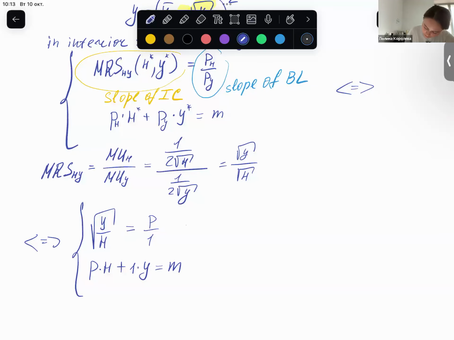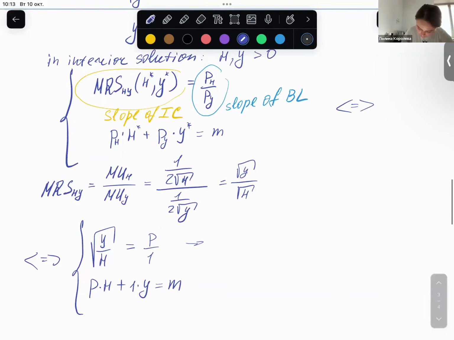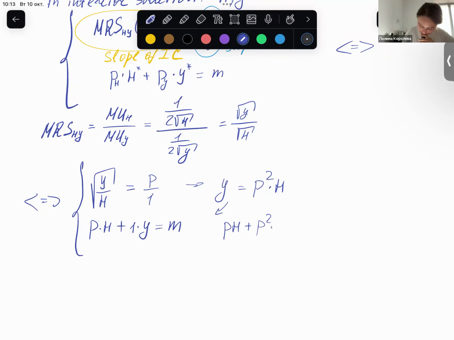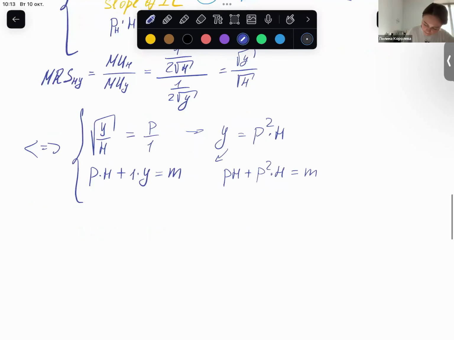So let's calculate. From the first row, y equals price squared multiplied by heating, and put this into the budget constraint. And we find the same solution.